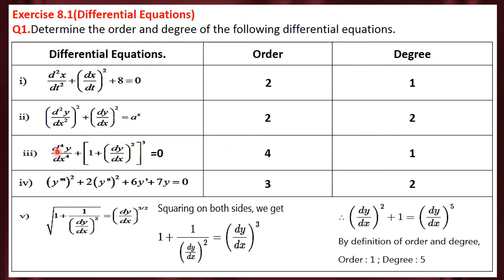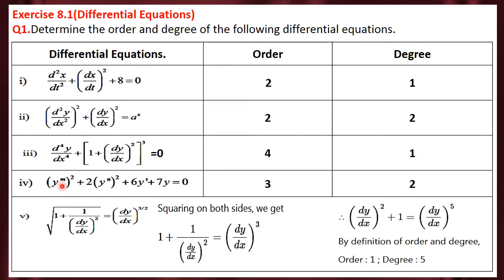And the third one, d raised to 4 y by dx raised to 4 plus 1 plus dy by dx the whole square raised to 3 is equal to 0 is the differential equation. Here the highest derivative is d raised to 4 y by dx raised to 4. So 4 is the order of the equation and 1 is the degree of the equation.